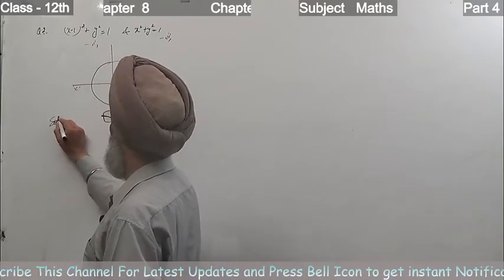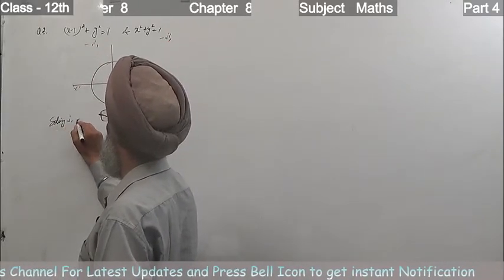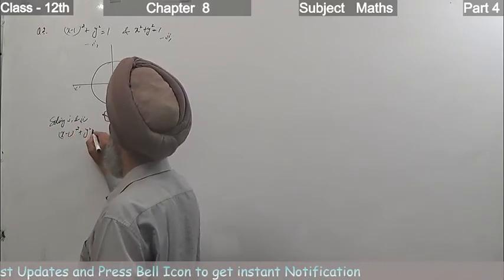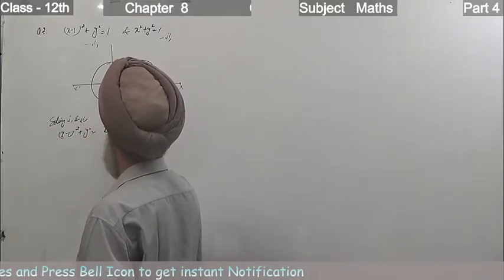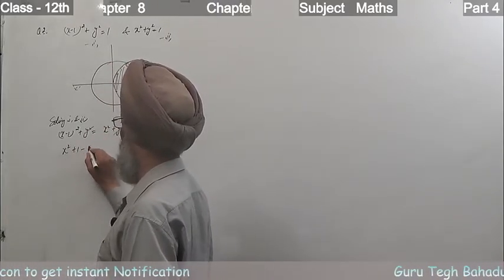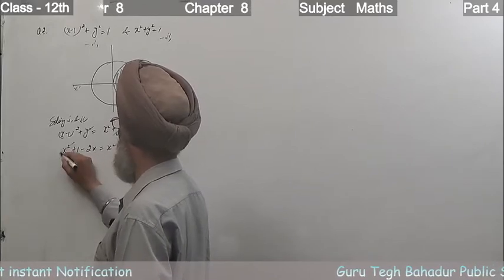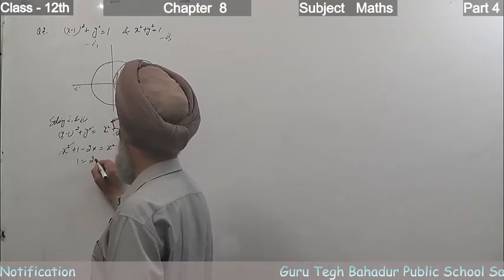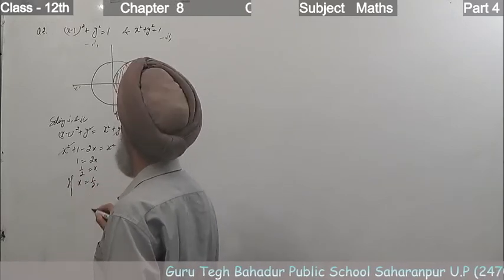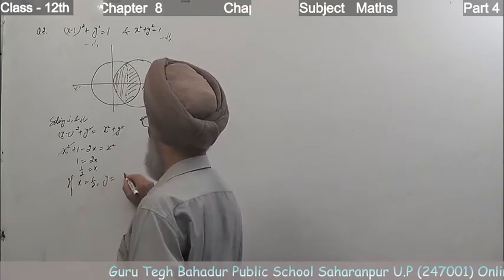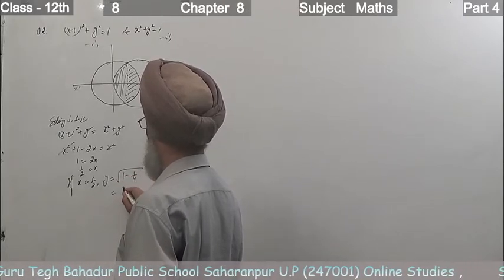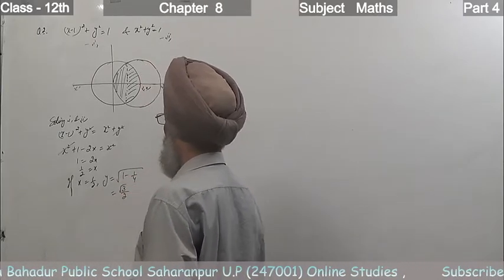Solving first and second: (x minus 1) whole square plus y square is equal to x square plus y square. Cancelling y square, x square plus 1 minus 2x is equal to x square, 1 is equal to 2x, x is half. Now, if x is half, y is square root of 1 minus 1 upon 4, that is plus minus root 3 upon 2.